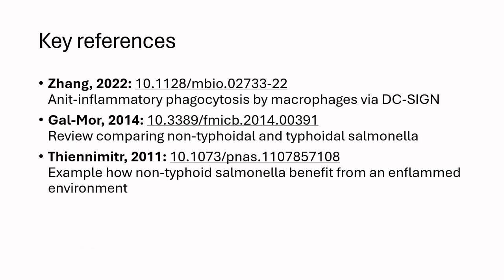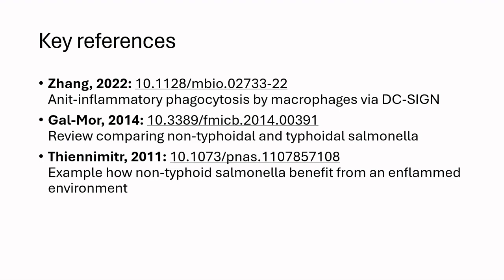These are the key references that we used here. The first one is a very interesting paper that talks about the non-inflammatory phagocytosis of typhoidal Salmonella by macrophages via DC-SIGN, via this lectin. The second one is a review comparing non-typhoidal to typhoidal Salmonella.